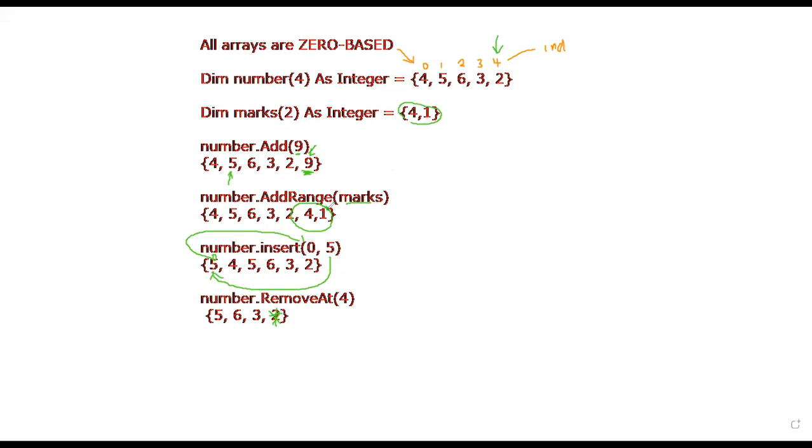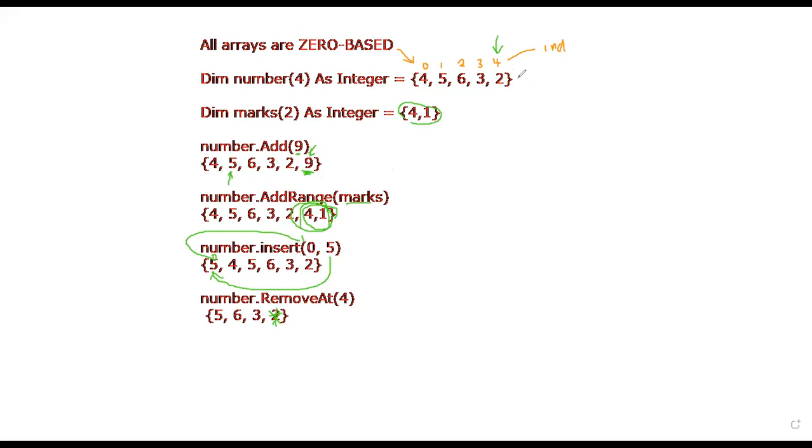So these 2 elements, 4 and 1, are added after the last element in the array, which is 2. So it will add 4 and 1 because we are adding a range of elements. I don't know if that explains it.